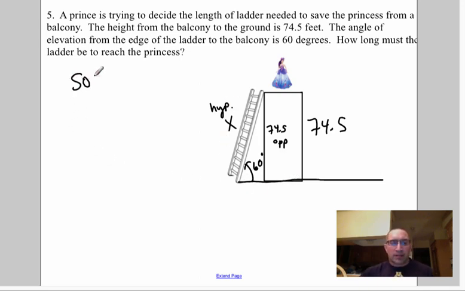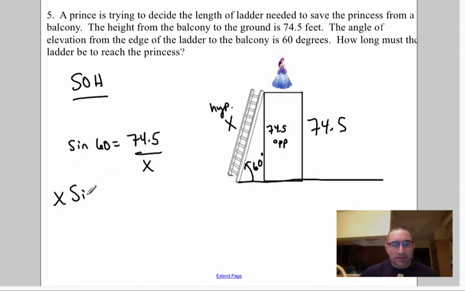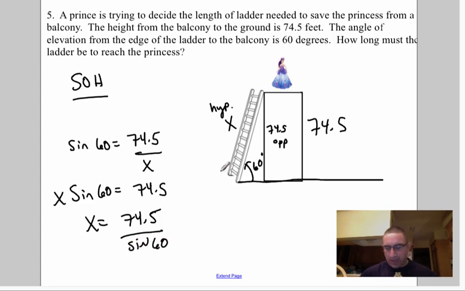So I have 74.5 as the opposite, and I have the ladder, or X, as the hypotenuse. So again, that's SOHCAHTOA. So the sine of 60 is 74.5 over X. Alright, we're going to multiply by X, and then I'm going to divide by the sine of 60 to see what we get. Let me pull out my calculator again.